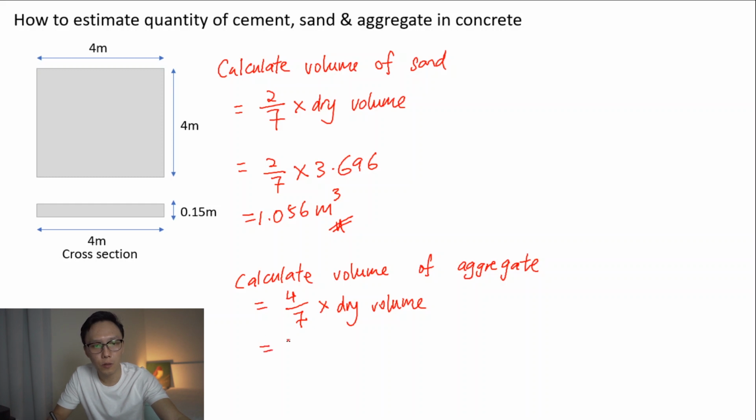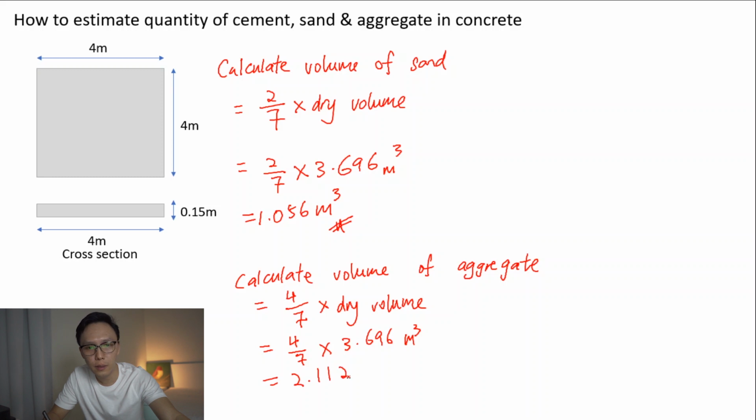Okay, so 4 over 7 times 3.696 meter cube, we'll get 2.112 meter cube.